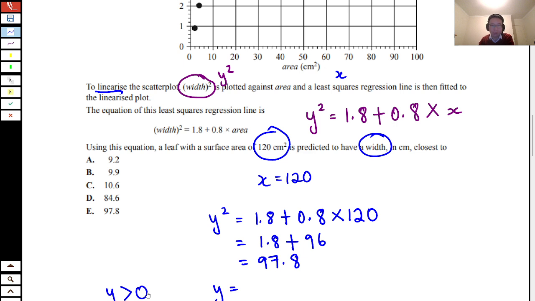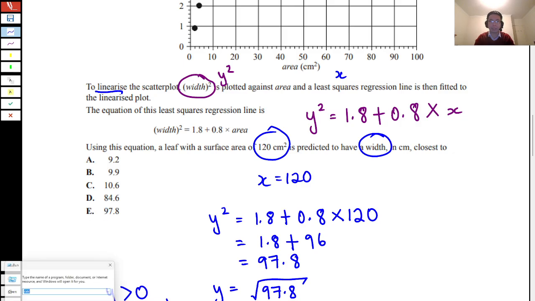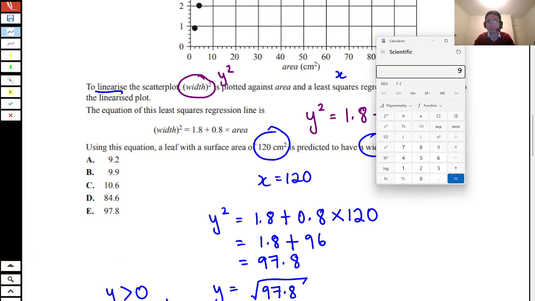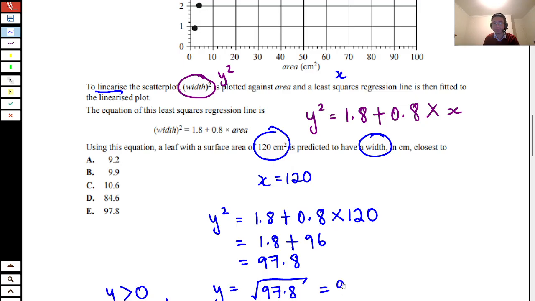So since it's positive, I will take the positive square root of 97.8. And if you do this calculation, using whatever calculator you have, I'll just quickly pull out this calculator. I get 9.889, which is approximately 9.9, and so the answer is option B.